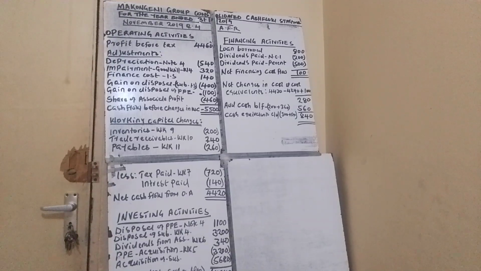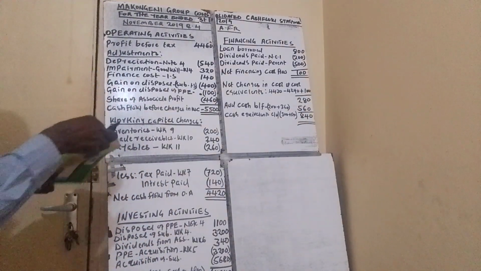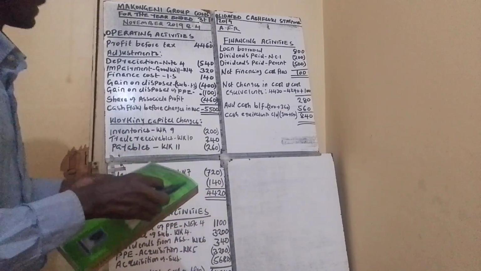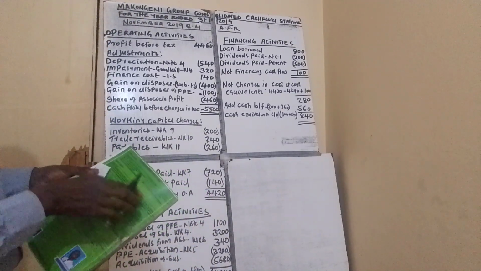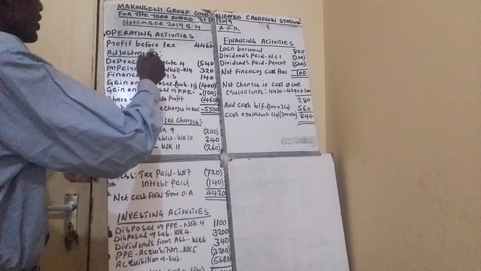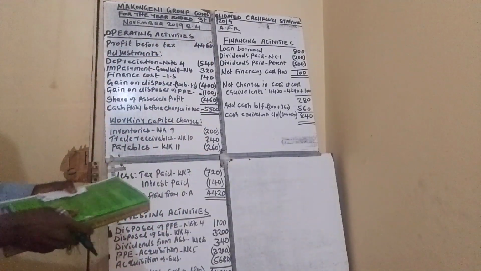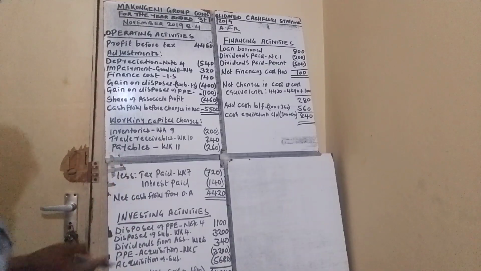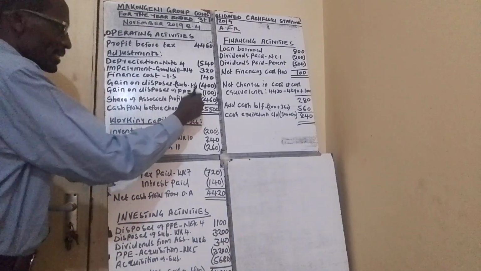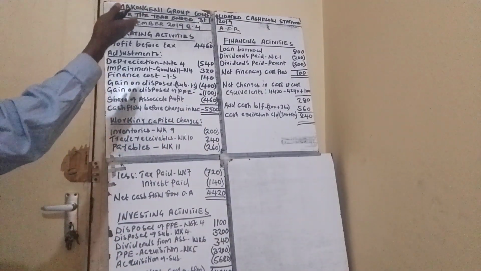Now, once you have established profit before tax, the figures that are mentioned there have to be accounted for, like share of associate profit. This figure was earned in arriving at the profit.